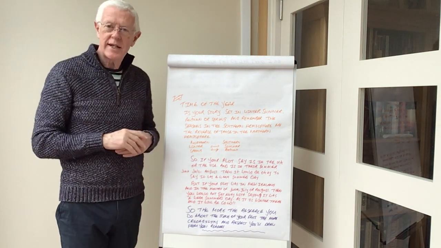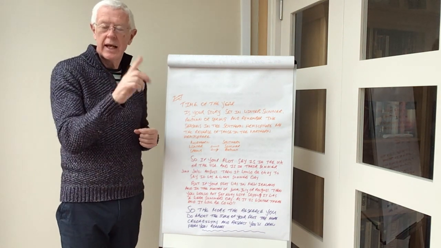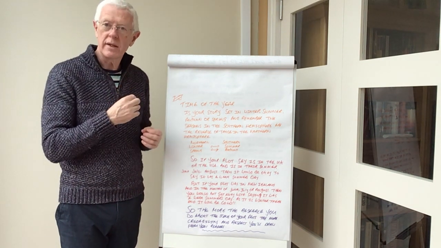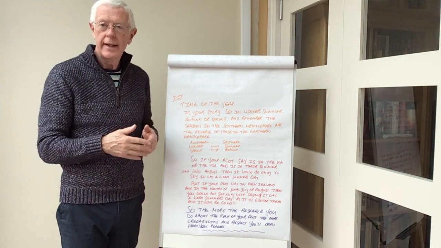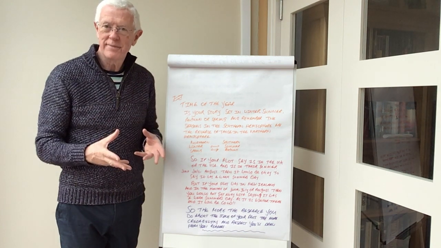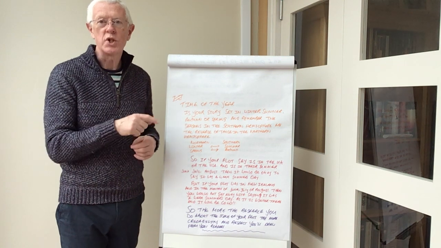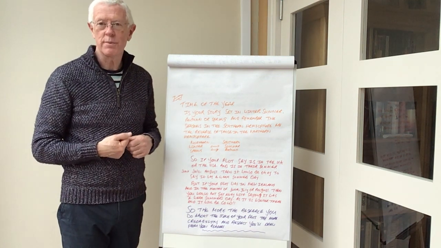But if your story is set in the southern hemisphere, say in New Zealand, and you are in the months of June, July or August, well, those are their winter months. So you can still have the months, but you've got to reverse the weather because it's going to be cold.